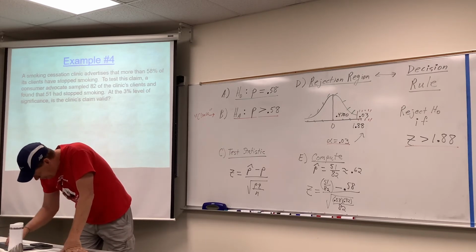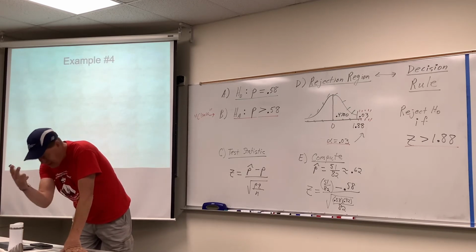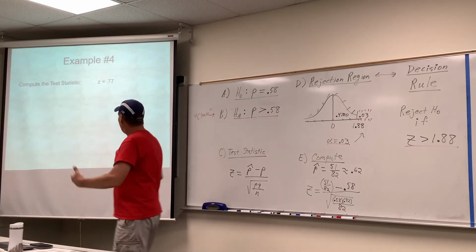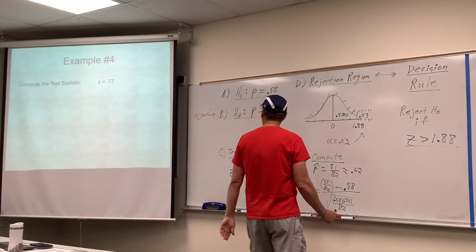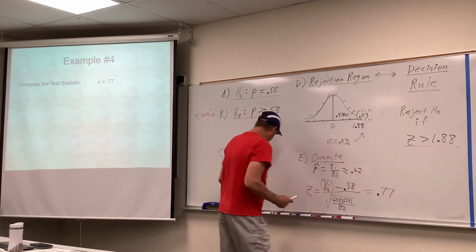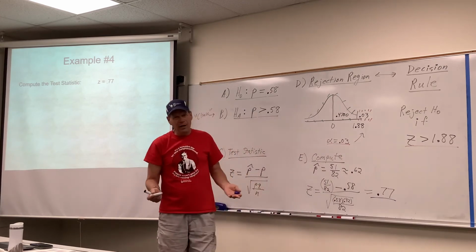You can cheat, you can look at the next slide, you can see what it crunches out to be, hit pause, hit buttons. I don't know what to tell you. It would be more fun if we could do the number crunching together, but it turns out to be something like 0.77. And, you know, I think it's fair, all right?